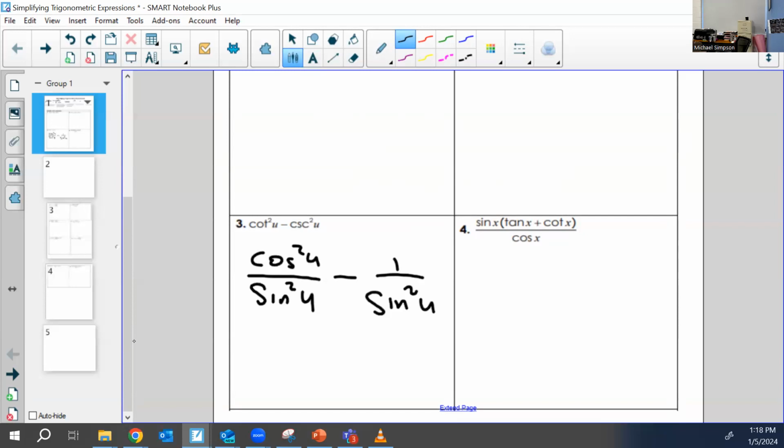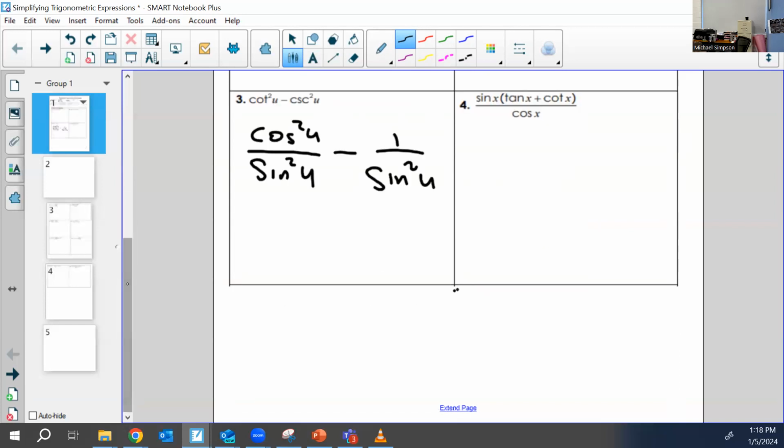Anytime you have 2 fractions, think about combining them. So when I do that, what do I get? Exactly, cosine square u minus 1 over sine square.